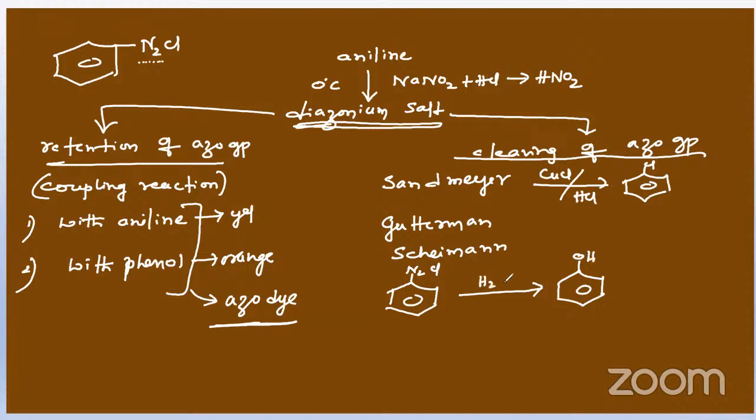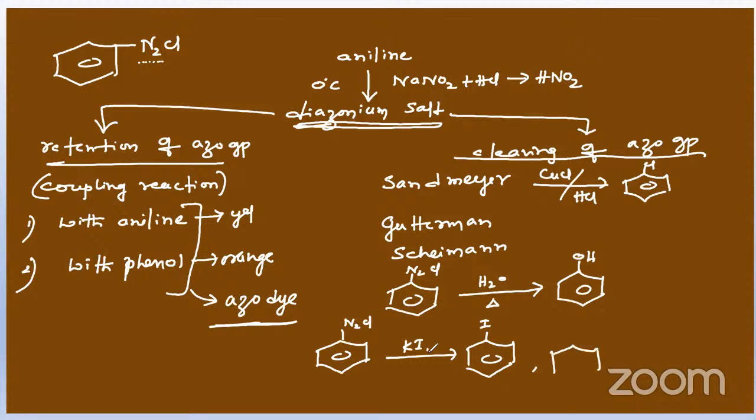Then benzene diazonium chloride is converted into iodobenzene by treating with KI. Or in one more reaction, benzene diazonium chloride is converted into benzene, which we call deamination, by treating with H3PO2, hypophosphorous acid.